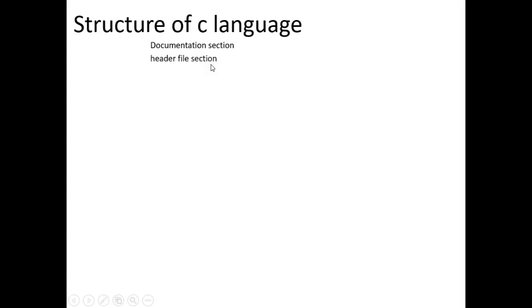Here we need to include the header files, global variable declarations, and here the main function. The starting of the main function is indicated by using an open curly brace, and after that, the first statement should be the declaration statement.